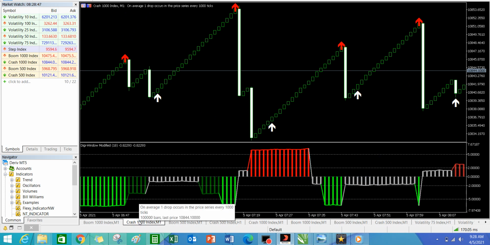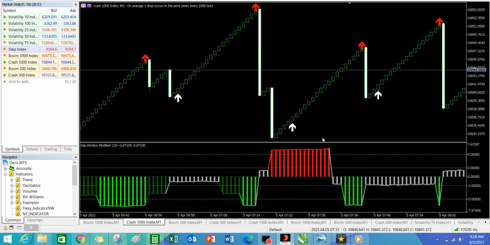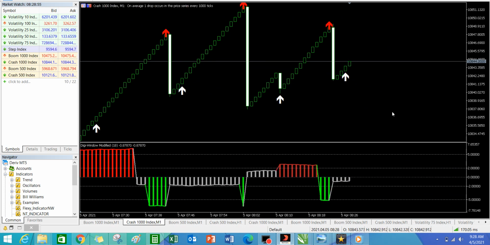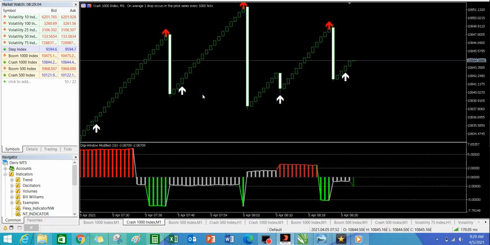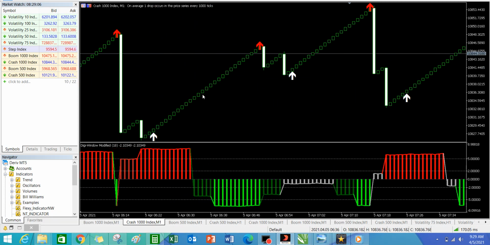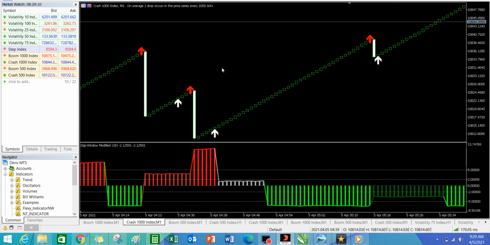So let's check out what is happening with Crash 1000. At the moment it is trying to go back on uptrend after a little downtrend journey. So do your analysis very well before you go into the trade. I'm using the crusher indicator for this.